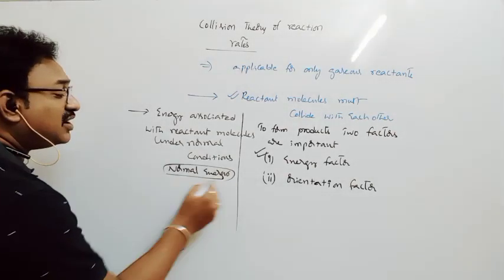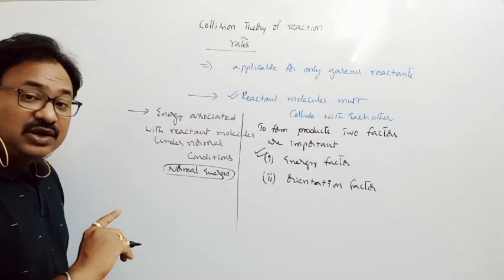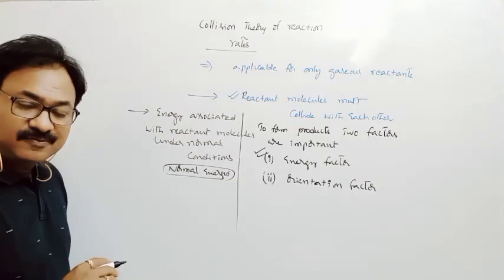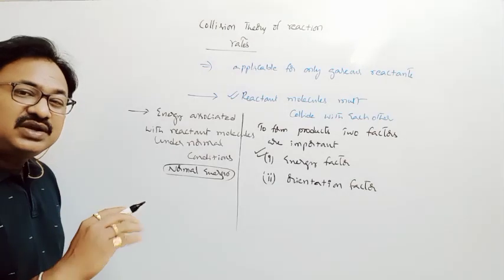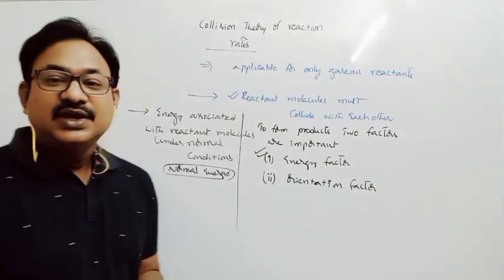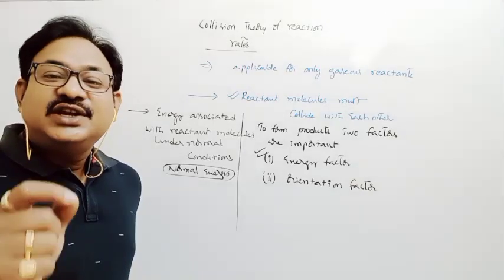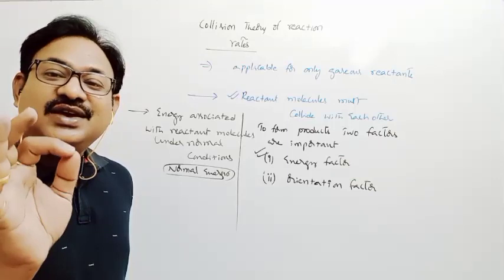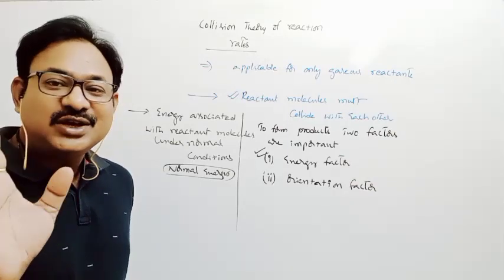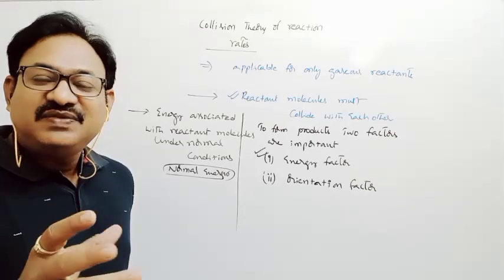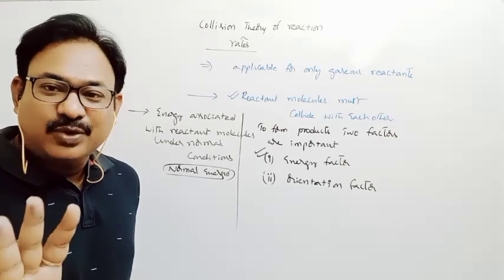Such molecules are called normal molecules. Collision between normal molecules never gives rise to product. समझ गया? The energy associated with reactant molecules normally are considered to be normal reactant molecules, and the energy is normal energy, and the collision between them never leads to formation of product.